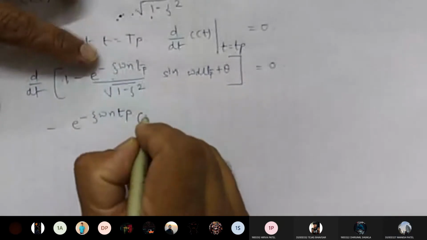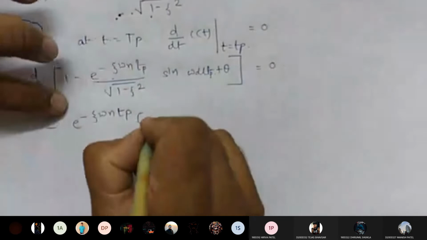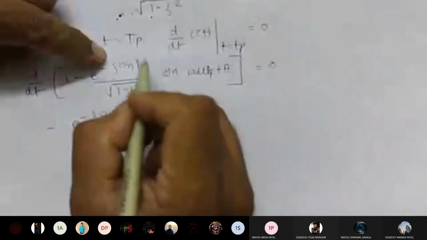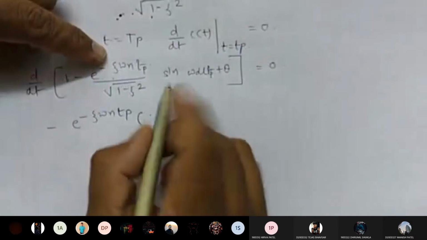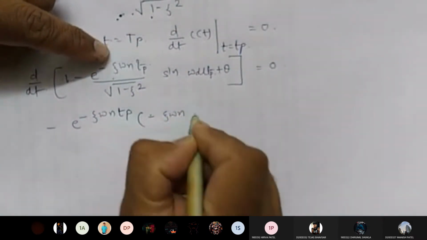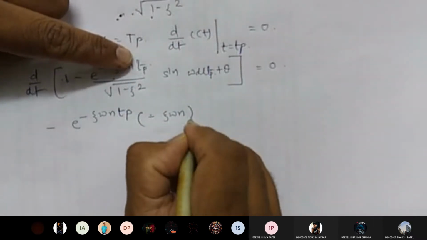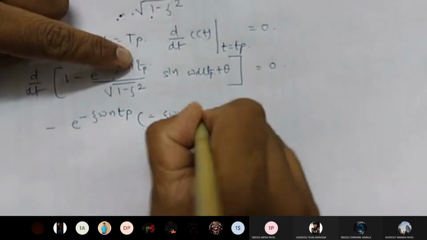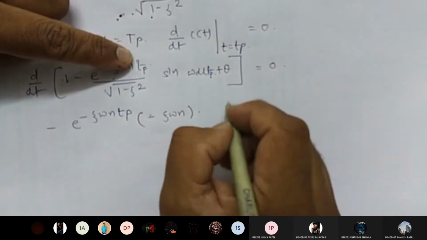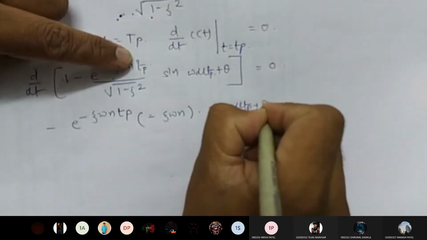The differentiation of e raised to something gives the same answer, and then the derivative of the exponent is minus zeta omega n, since the differentiation of TP is 1. I'm not writing 1 over here. Into sin(omega d TP plus theta).